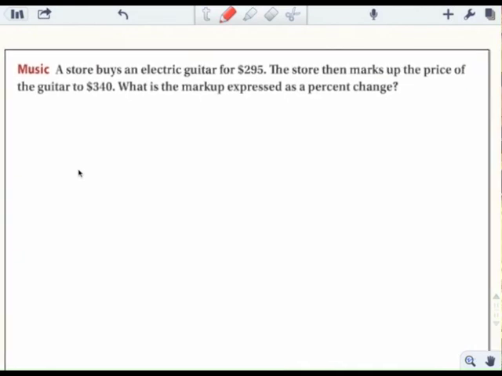A store buys an electric guitar for $295. So this is the original amount. I'm just going to write that as an O. It's not a 0, believe me. Now, the store then marks up the price of the guitar to $340. So the new price is $340.